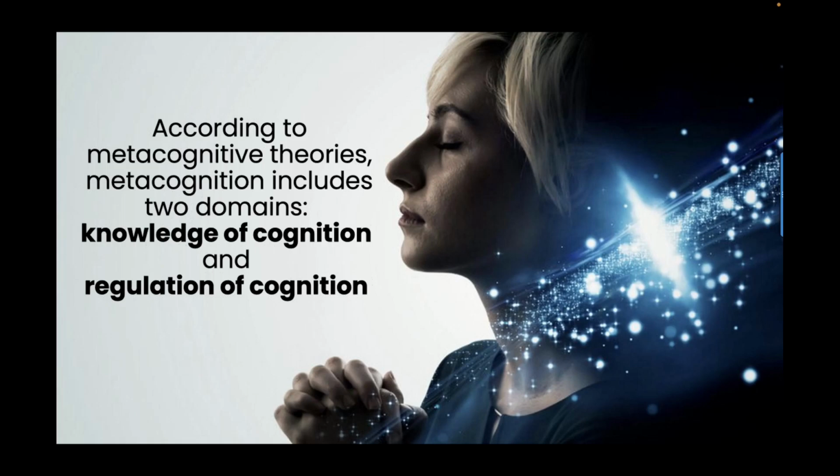And when it comes to metacognitive knowledge, it has two distinctive domains. One is knowledge of cognition, and the second is regulation of cognition. So, for knowledge of cognition, if I pick the same example which I was quoting earlier, if I'm preparing for an examination, I know what the challenges are that I'm going to face.